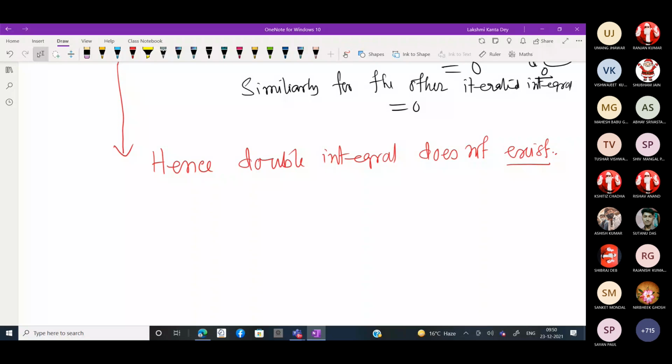I request all of you to please see the lecture note. Today I just uploaded one revised lecture note in this connection. So all of you please see it and then try to understand it.